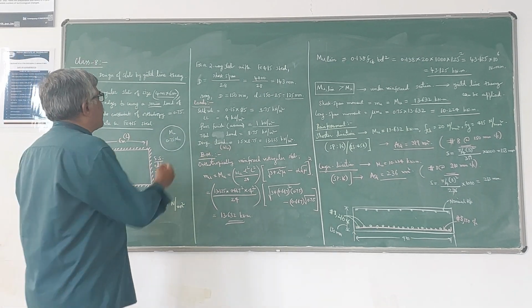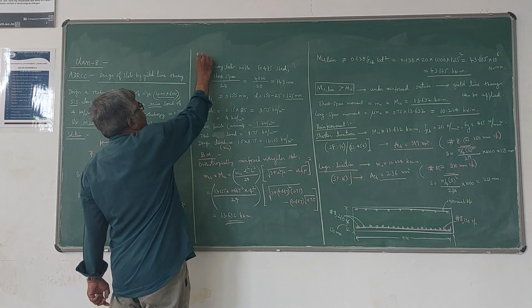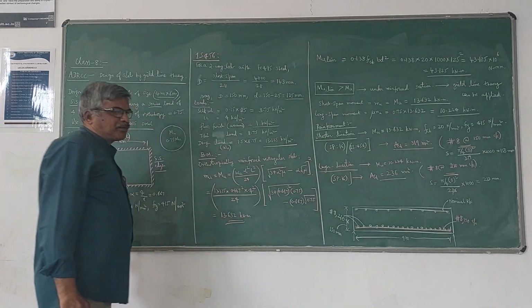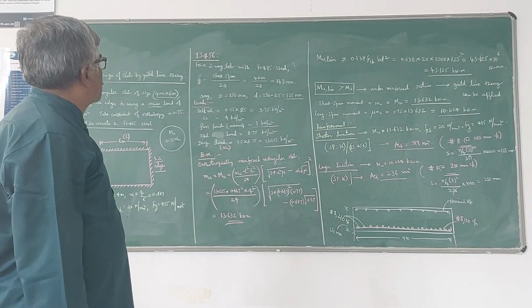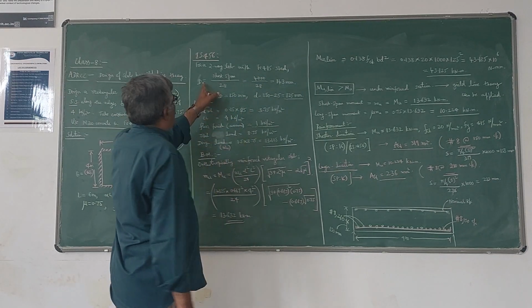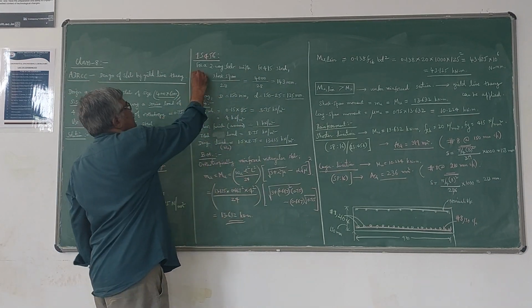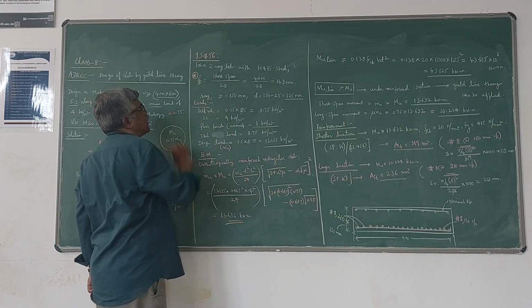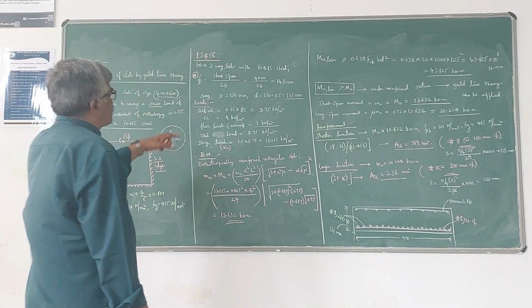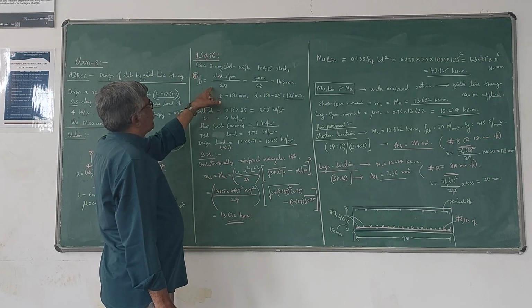Now in the code IS 456, there is one criterion to fix the depth of a two-way slab. For a two-way slab with Fe415 steel, the overall depth can be assumed as short span divided by 28. You can get a graph for taking the overall depth in IS 456.